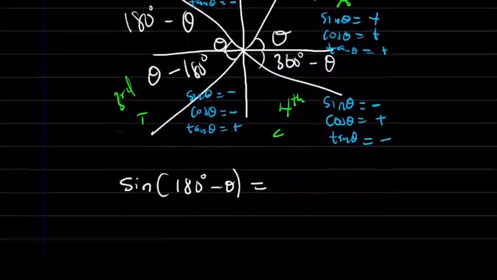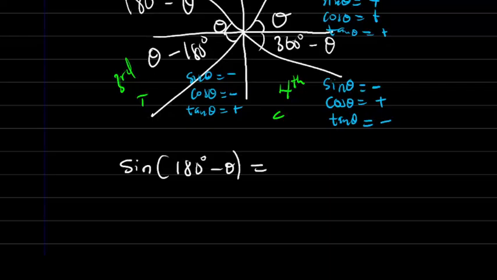Now, we want sine theta to produce sine theta back. That is, we want our angle to be an acute angle. We want to go back to the acute angle. And what is an acute angle? It's an angle that is less than 90 degree.